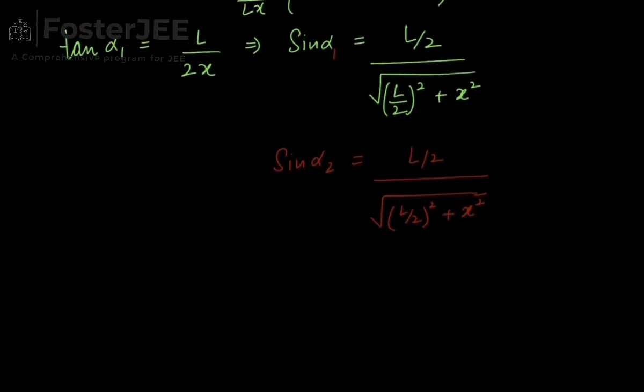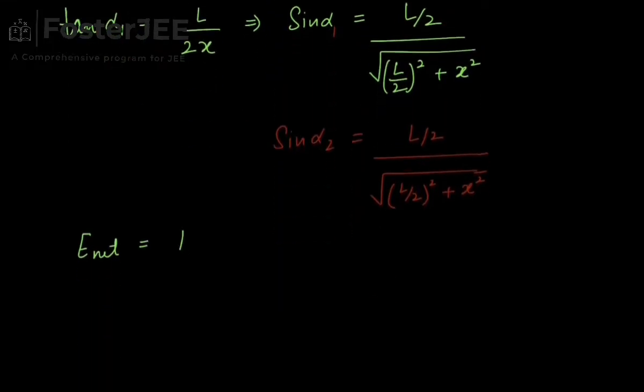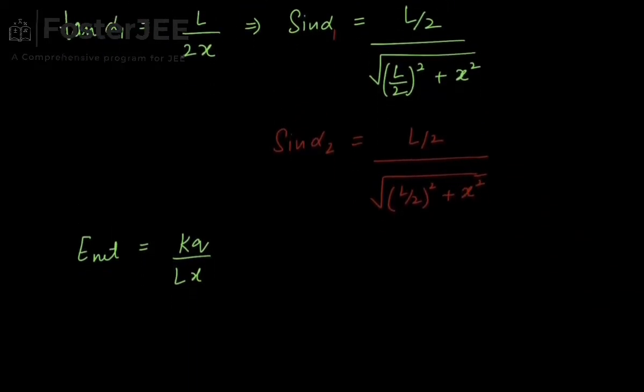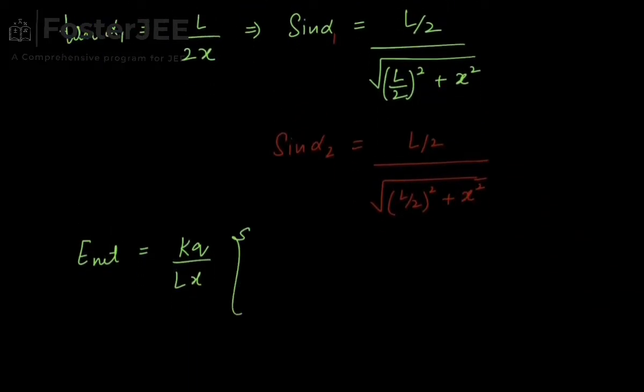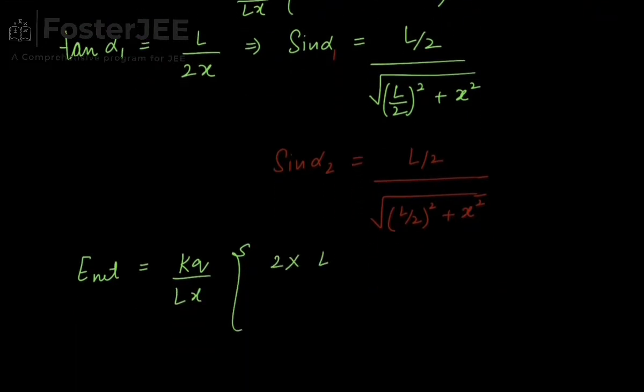So putting the values, we can write E net as kq upon Lx (sine of alpha 1 plus sine of alpha 2). Since both are same and both are adding, this becomes 2 times of L upon 2 root over (L upon 2 whole square plus x square).